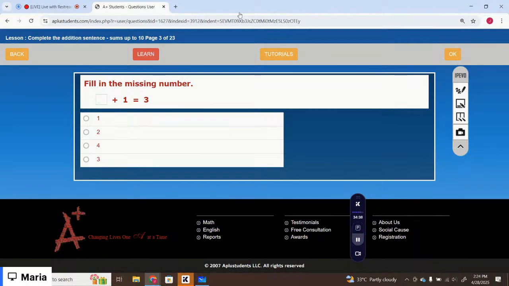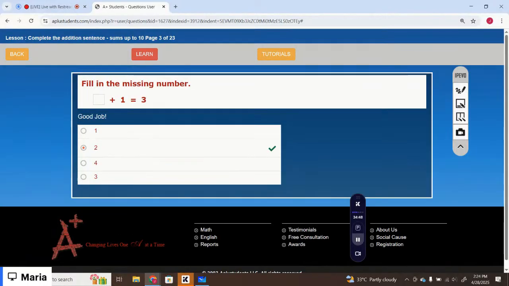That is 1 plus 2 equals 3. Option number 2 is the correct option. One plus 2 is 3.